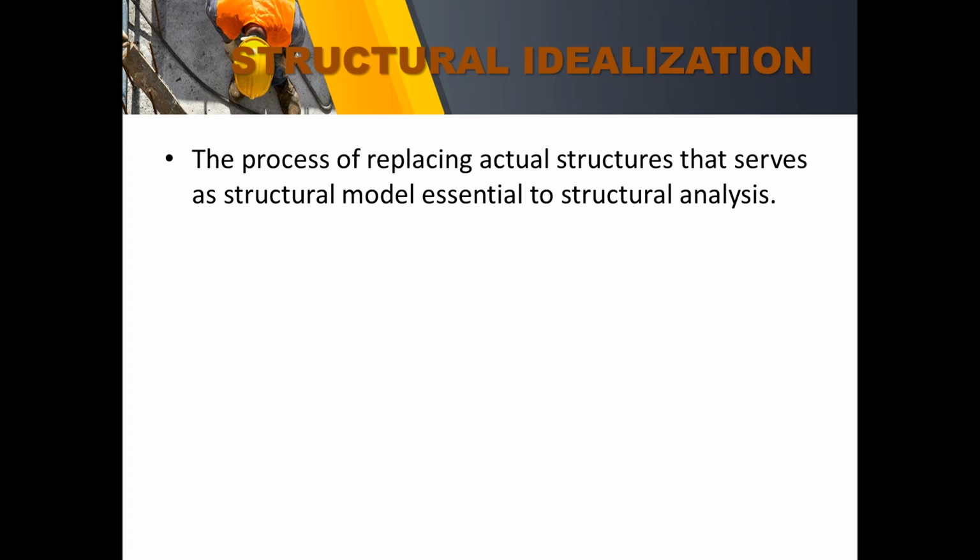So in our analysis and evaluation, we need to idealize our structure. The idealized structure is actually the structural model of our analysis. It is the process of replacing actual structures that serve as structural members with a model essential to structural analysis.